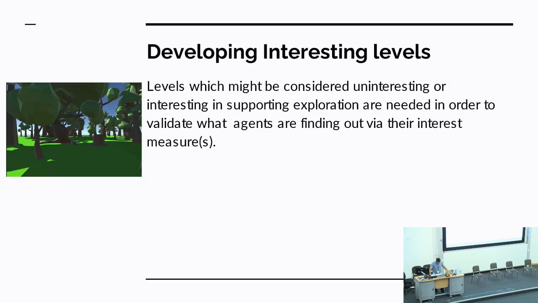Cool. So we can use these measures to help develop interest in levels. The AI could help build better level generators or help developers figure out how interesting their levels are. But as I mentioned, we need a ground truth, which is why part of my project is to build a sample set of interesting and uninteresting levels. These will hopefully help validate what the agents I'm going to develop are finding, and whether they actually hold up against interesting or not so interesting levels.